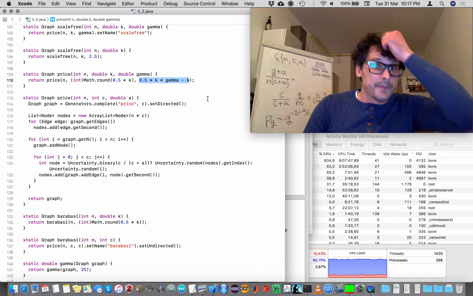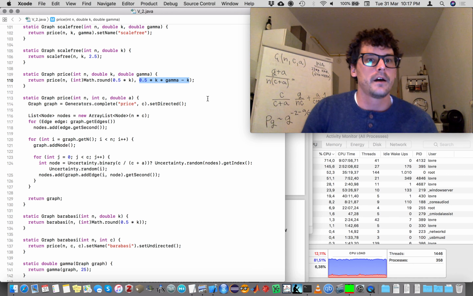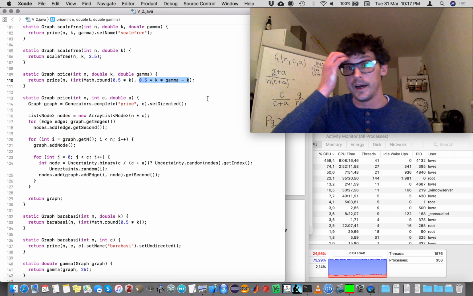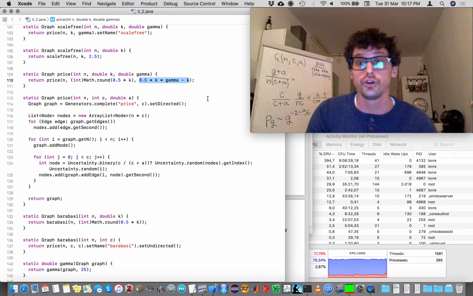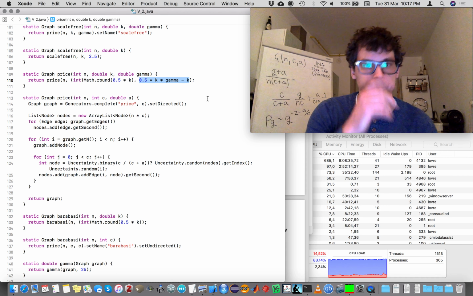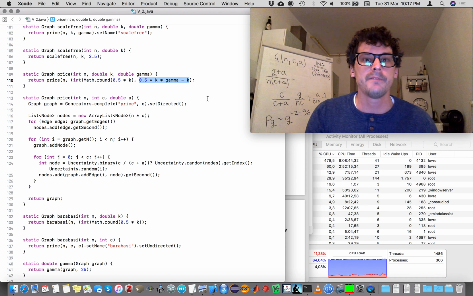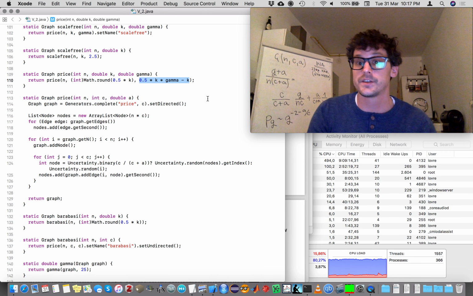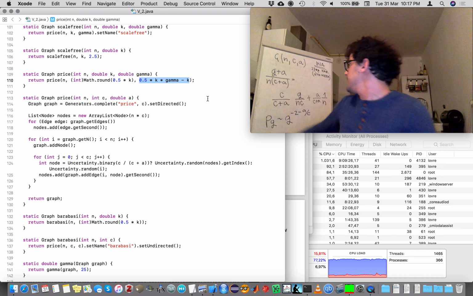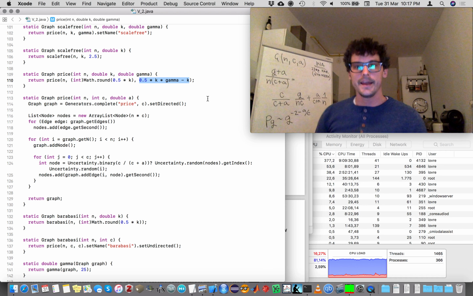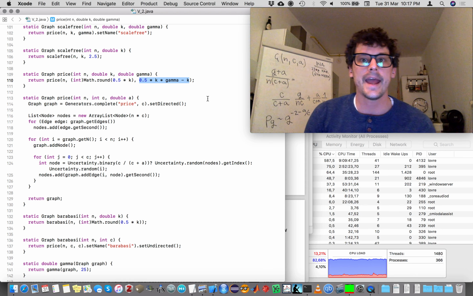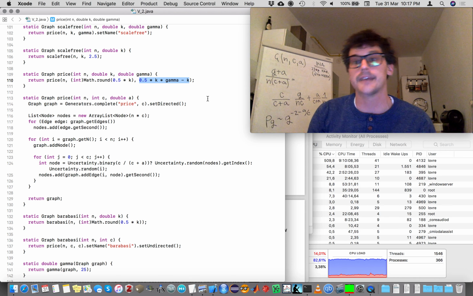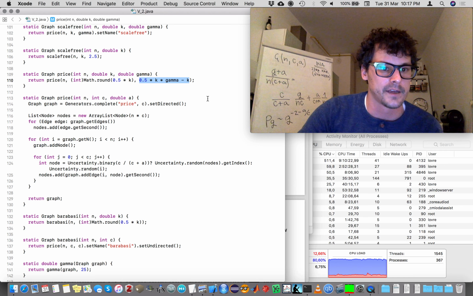Okay, so this is the implementation of the Price model. For the Barabasi-Albert model, we could implement the pseudocode that was given in the lab's handout. However, we showed in lectures that the Barabasi-Albert model is just a special case of a Price model where we set this third parameter A to C and treat the final generated graph as an undirected graph, not a directed graph.